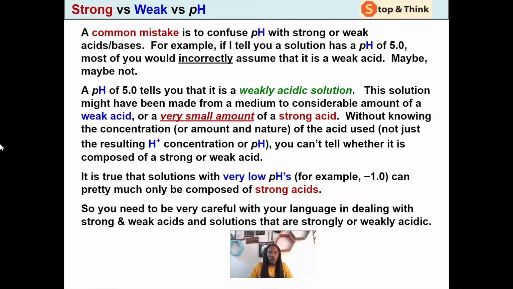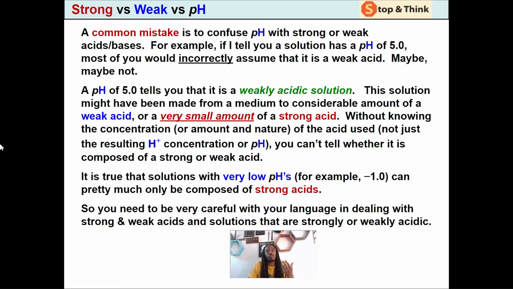So a weakly acidic solution could mean a couple different things. We could have a weak acid. That's very much true. Or we could have a very small amount of a strong acid, right? We really don't know. We don't know until you ask somebody. Okay. So that's what we have to think about with pH.